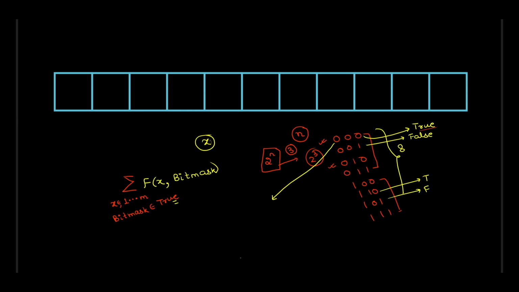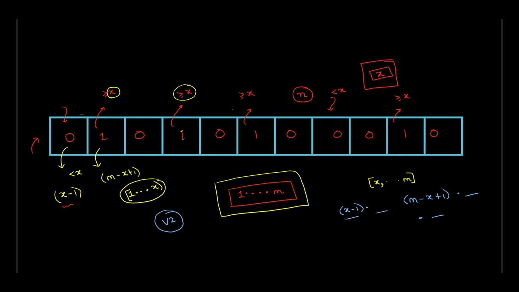So the naive algorithm that you can come up with is something like this. You can iterate x from 1 to m, and then you can iterate bit mask from 0 to 2 to the power n, and then you can compute the answer in O of n, because you are iterating all of the bits to compute this product.